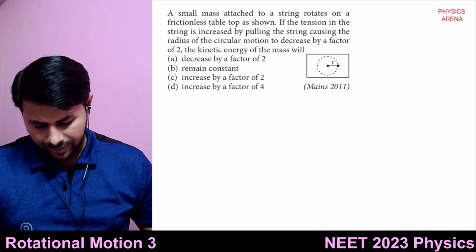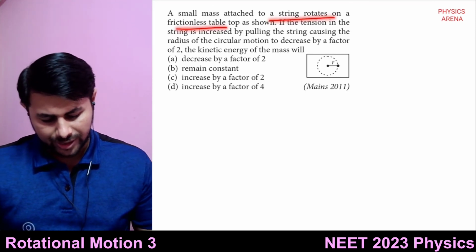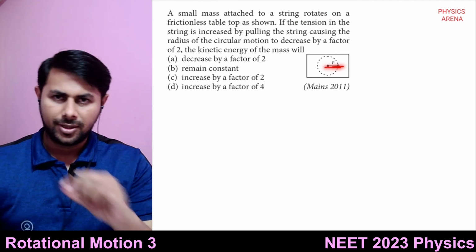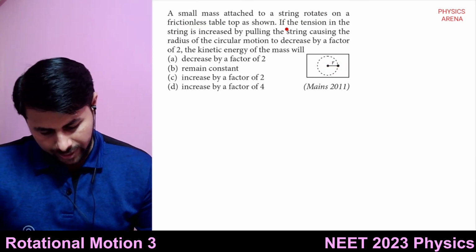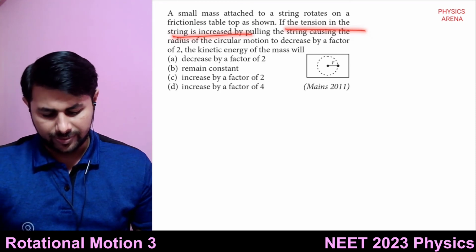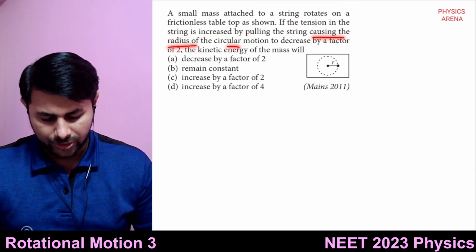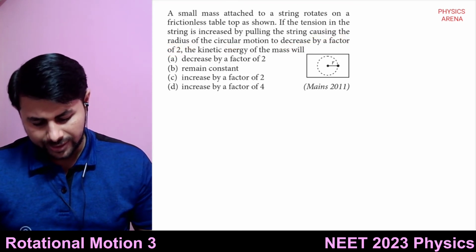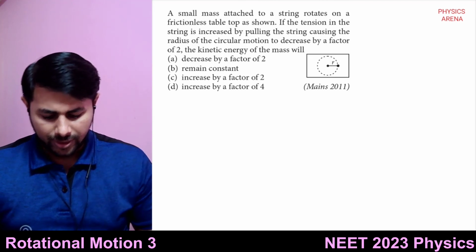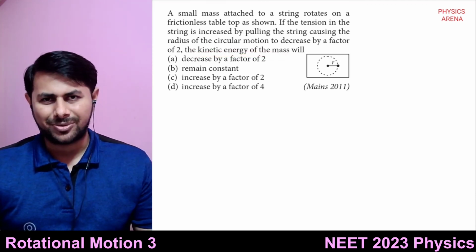Next question. A small mass attached to a string rotates on a frictionless table as shown. If tension in the string is increased by pulling the string, causing the radius of circular motion to decrease by a factor of 2, the kinetic energy of the mass will... So what will happen to the kinetic energy?